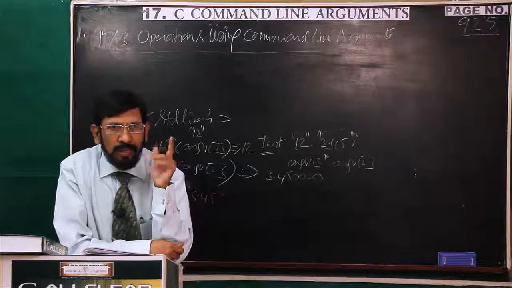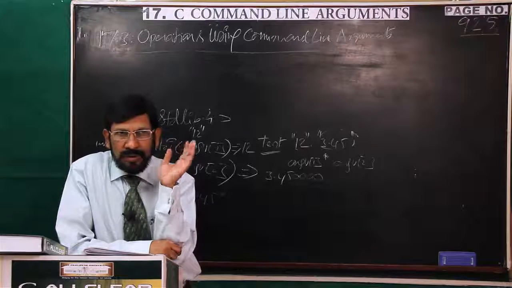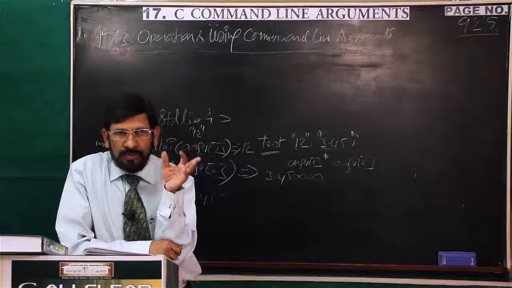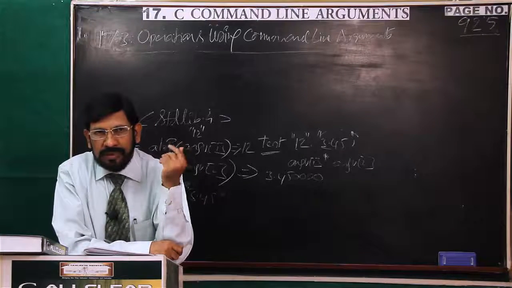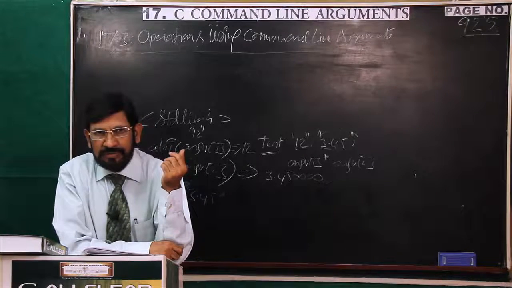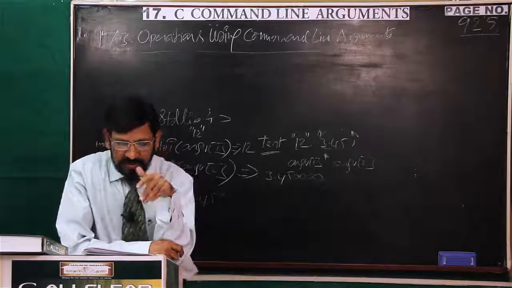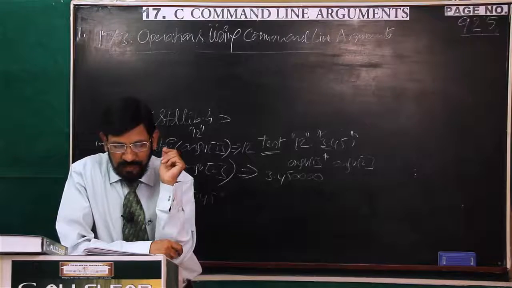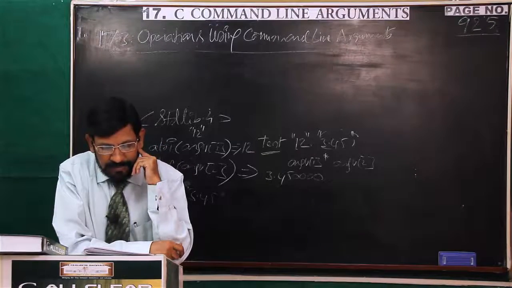Those are strings. You cannot perform any arithmetical operations on them. Only string oriented operations you can perform. You cannot perform relational operations, logical operations, and all that. As those are in string form, you can perform only string oriented operations.